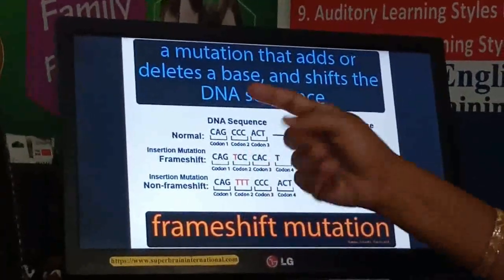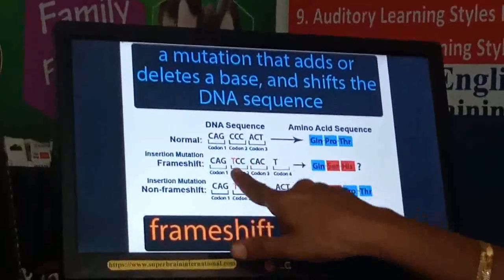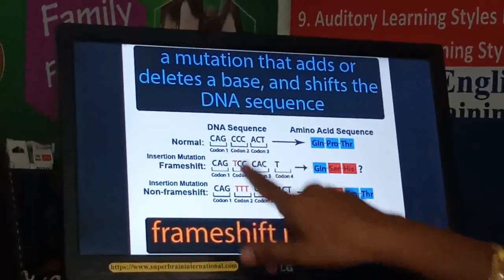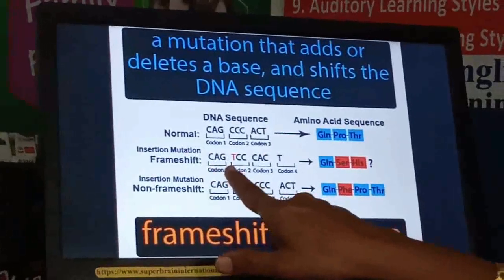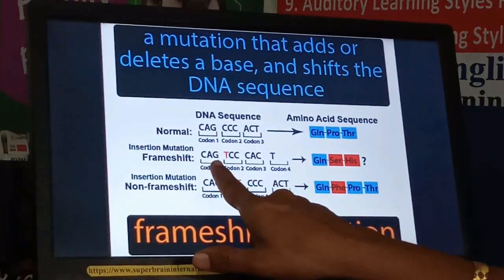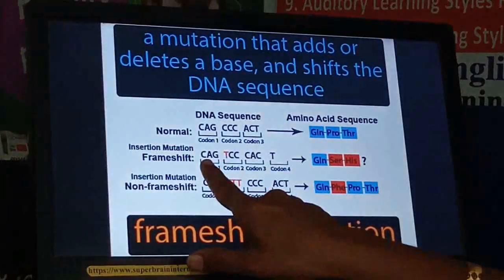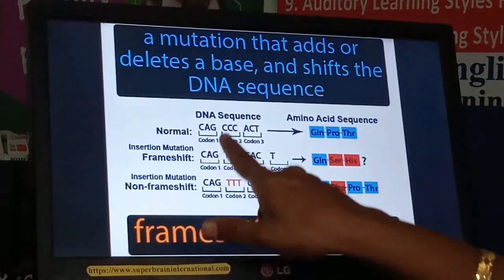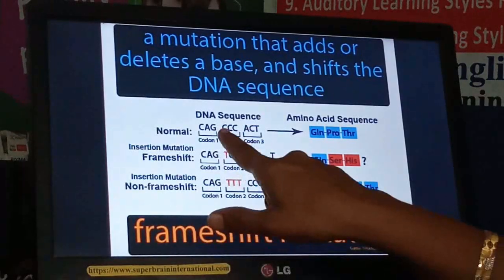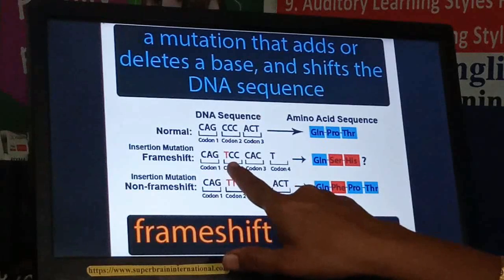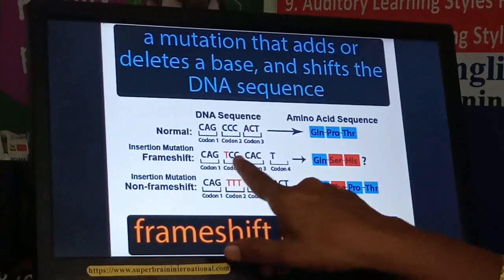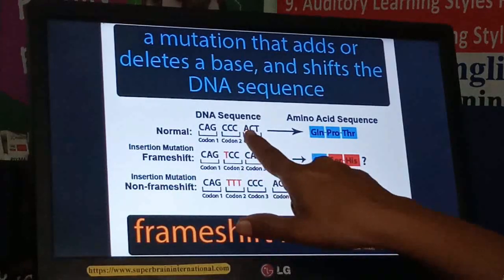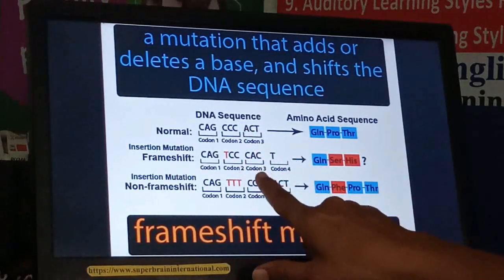Now, if any one base is added, you can see here T is added in between G and C. Because of that, the first 3 successive nucleotides are taken as one codon, then the next 3 successive as codon 2. So codon 2 becomes TCC, and this C is shifted ahead and forms CAC, codon 3.